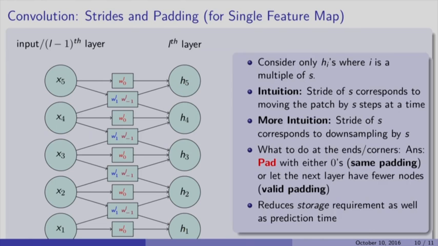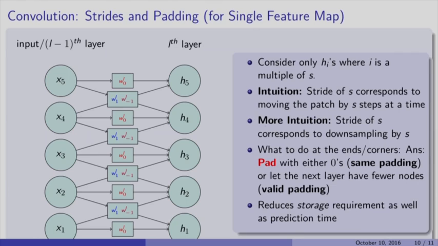So the basic idea of striding is considering only h_i where i is a multiple of S. So these strides typically result in these patches moved with some periodicity. A stride of S would correspond to moving the patch by S steps at a time.